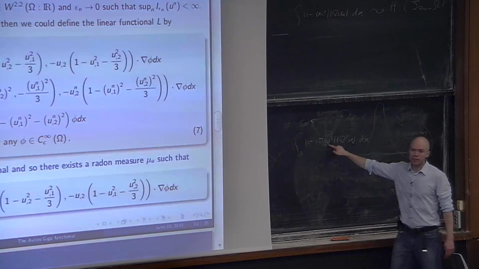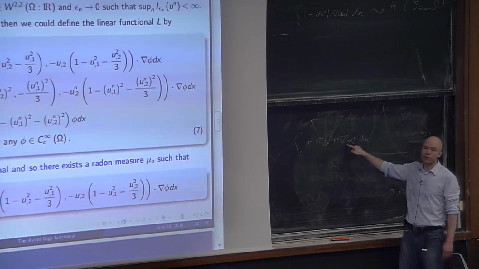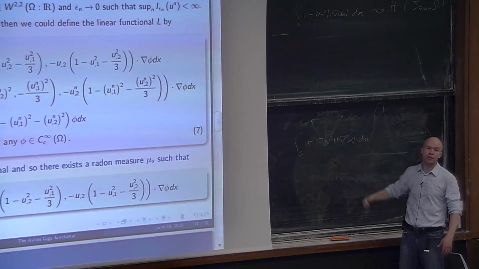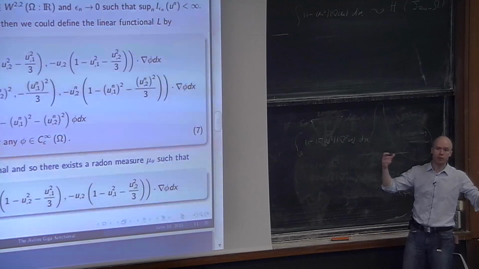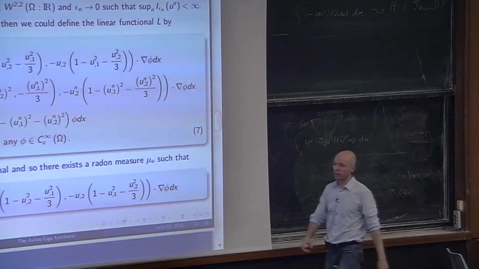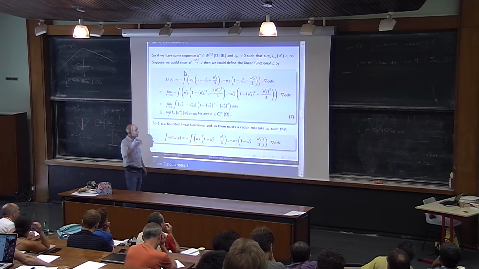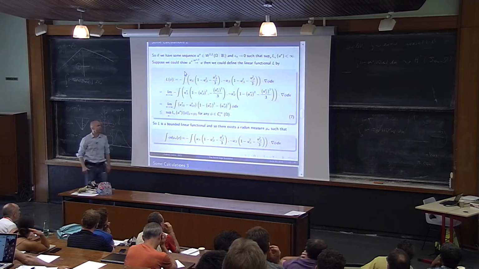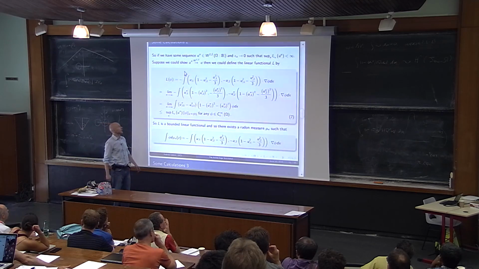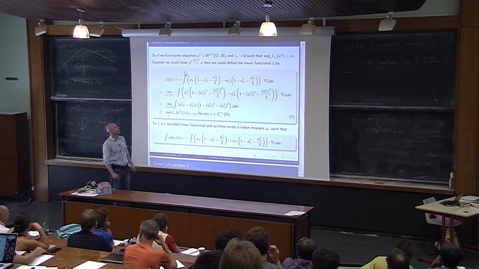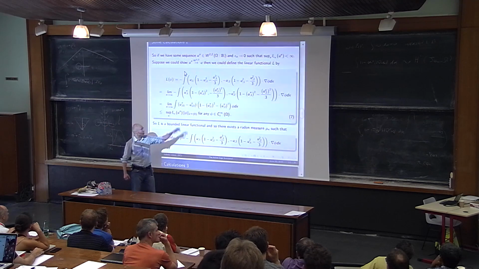And as the gradient gets closer and closer to norm 1, you have weaker and weaker control on the L1 norm of the second gradient. So there's no obvious reason why you're going to get compactness of the gradients, but you do. Let's assume that's given. So the gradients converge strongly in W^{1,3}. If we knew that, then let's take the limiting function u, and then let's create a linear functional out of it. So take our linear functional defined by taking some test function of compact support phi, and let's take the expression here.